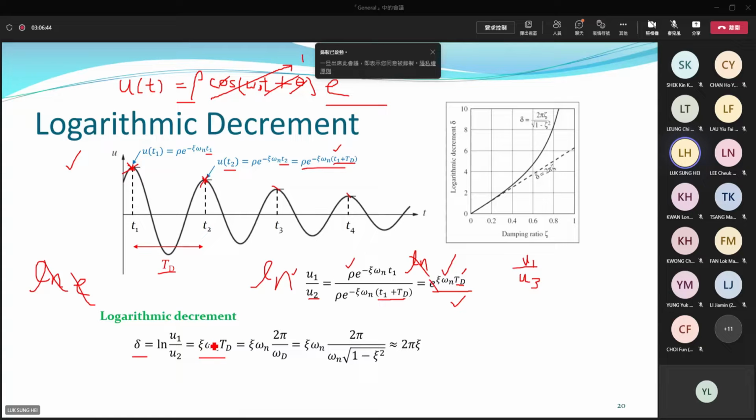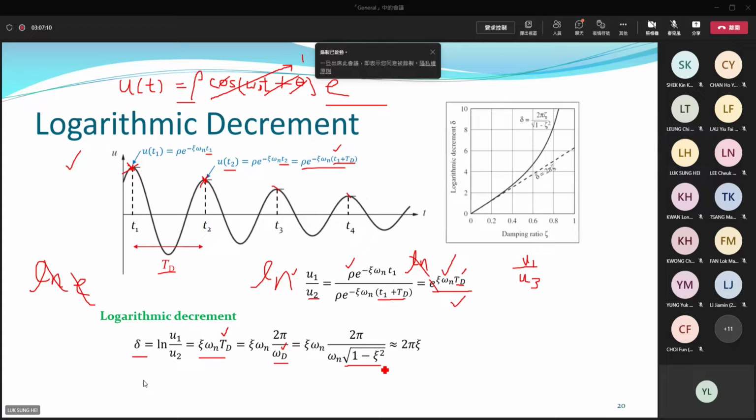Damping ratio, natural frequency, damped period. They have some relationship based on our previous discussions. For example, the damped period equals 2 pi over the damped frequency. The damped frequency can be correlated to the natural frequency omega n using the square root of 1 minus damping ratio squared, as we just discussed.